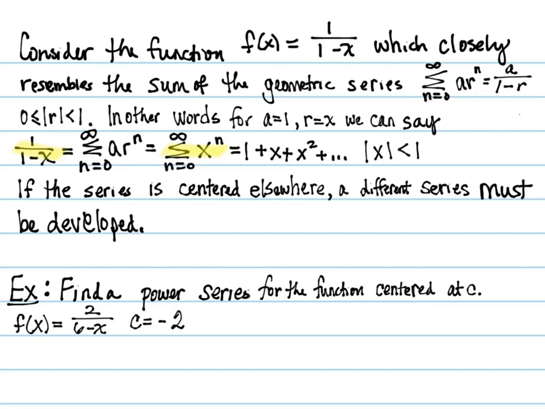So this is nothing about series at the moment. It's just the function itself. The first thing I need is a centering of this at -2. So what will that look like? Well, instead of this minus x, I need it to say x plus 2 right here. Now I can't just go adding x plus 2, so we'll fix that in a second, but the x plus 2 is going to give me the centering.